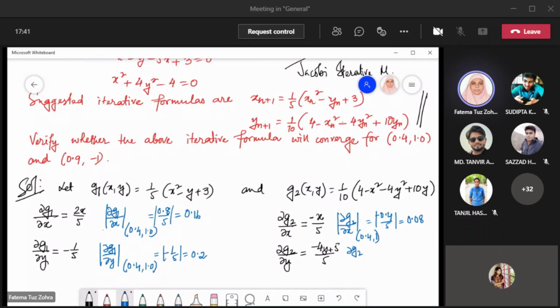Then ∂g2/∂y at the point (0.4, 1), that is equal to minus 4 plus 1 by 5, so that is 0.2.